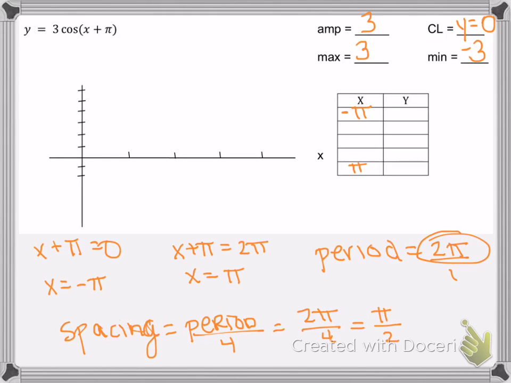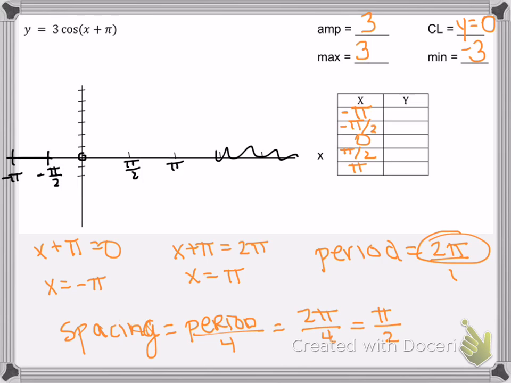So now let's go and fill the rest of our chart in. So what I'm going to do again is just extend it so that 0 is in the middle. Negative pi over 2, negative pi, 0, pi over 2, and pi.